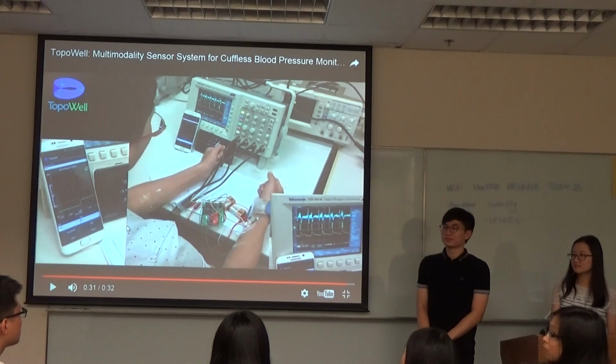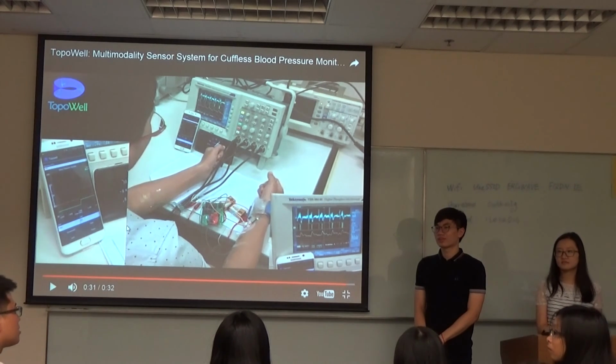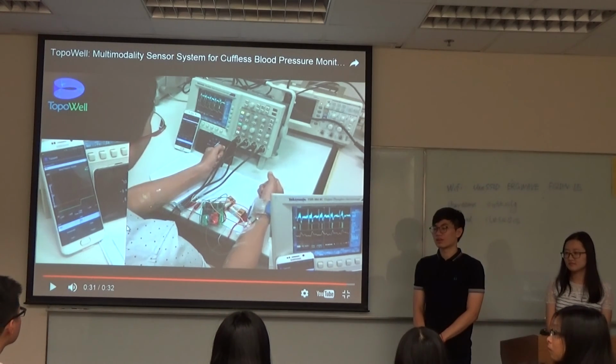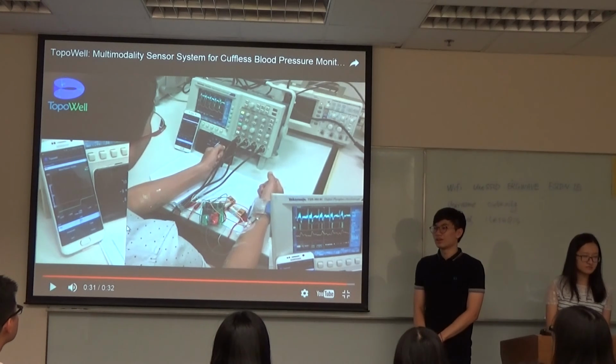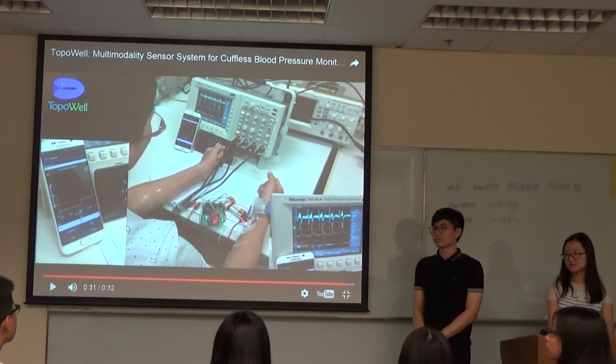And this delay is related to your body information, that is, how big your vessel is and how high your blood pressure is. So this has a relationship. And if you detect the pulse time difference, you will get the blood pressure.